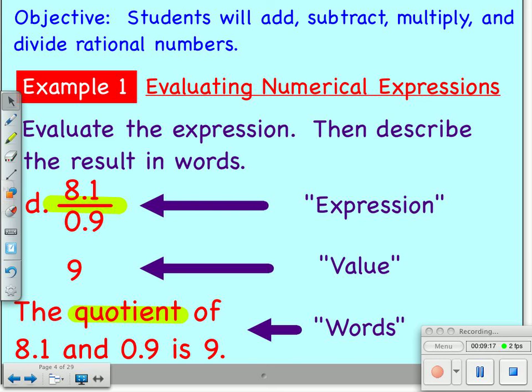And those are the 4 operations of math. So I need you just to remember those 4 operations and the 4 vocabulary terms we use when we're talking about the value of each of those operations. Go ahead and pause the video here, and you are going to again write in your notes everything below the blue line for letter D.